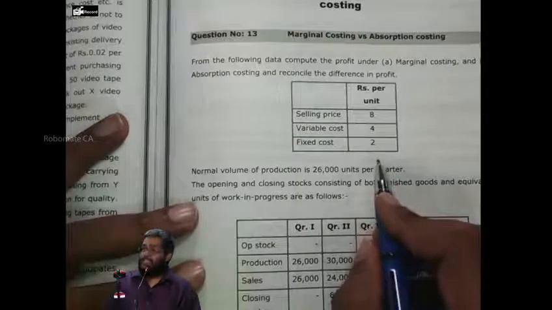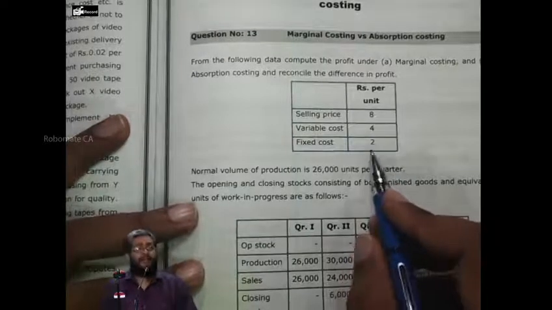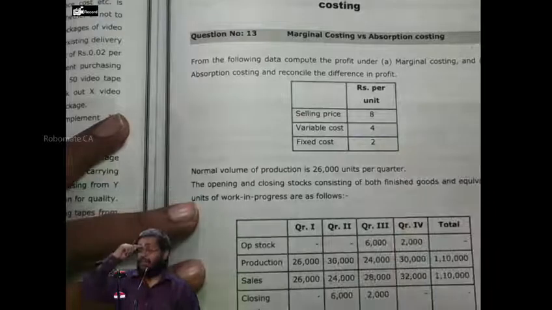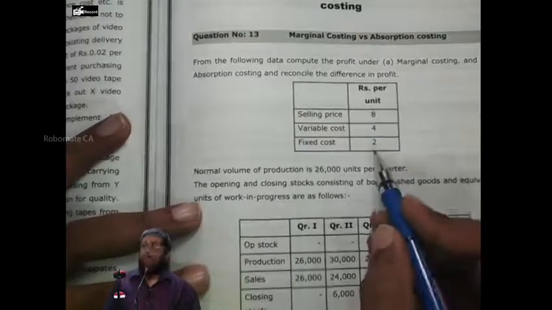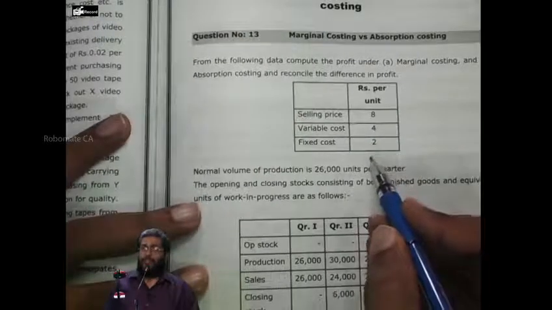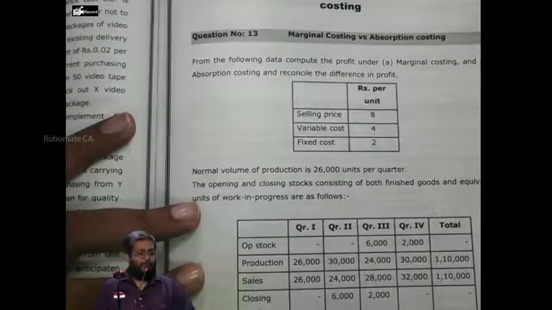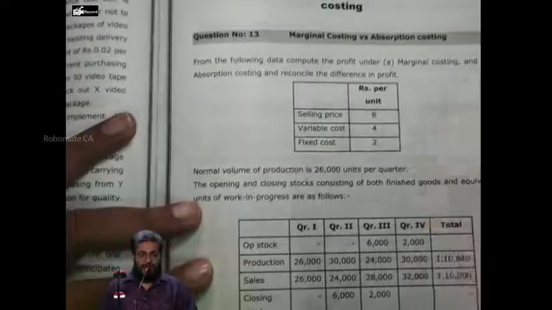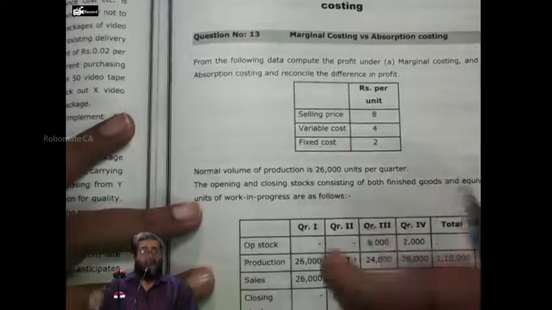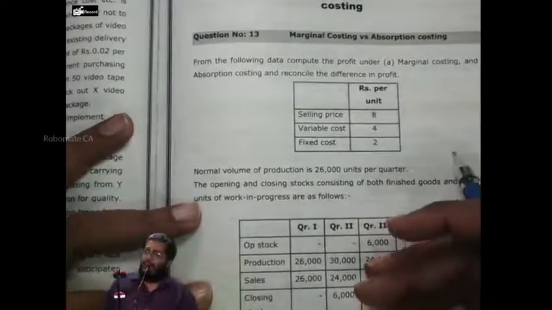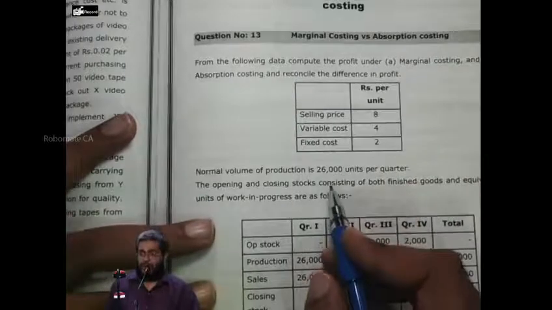Fixed cost is 2 per unit. Is this the actual fixed cost per unit or the standard rate? I always start using the standard rate. This 2 would have been calculated using the formula BFO by BO. 2 rupees per unit is equal to BFO by BO. The budgeted output is normal capacity, 26,000.